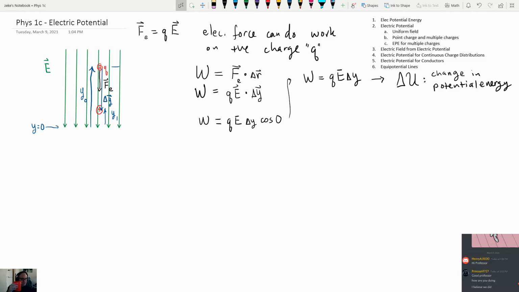So I take a cup and I put it at the bottom of my video camera here, and I move it up to the top right here. That requires work done by me, but it also has work done by the gravitational force, and that's what we're interested in. So when you lift an object upwards, for it to be a conservative force, it takes the same amount of work by the field no matter what path you take.